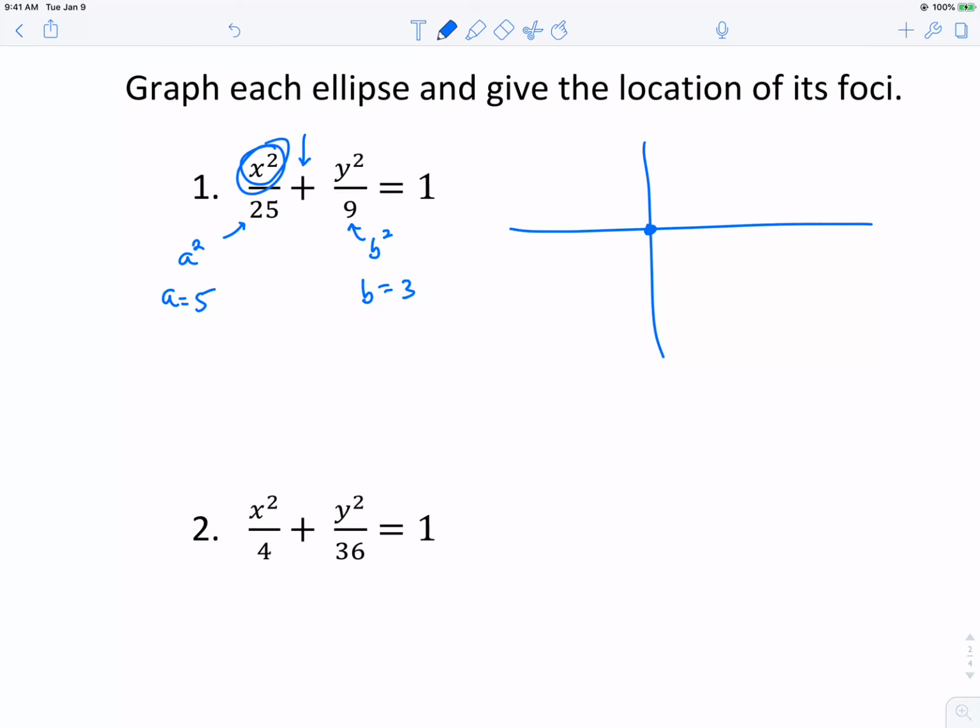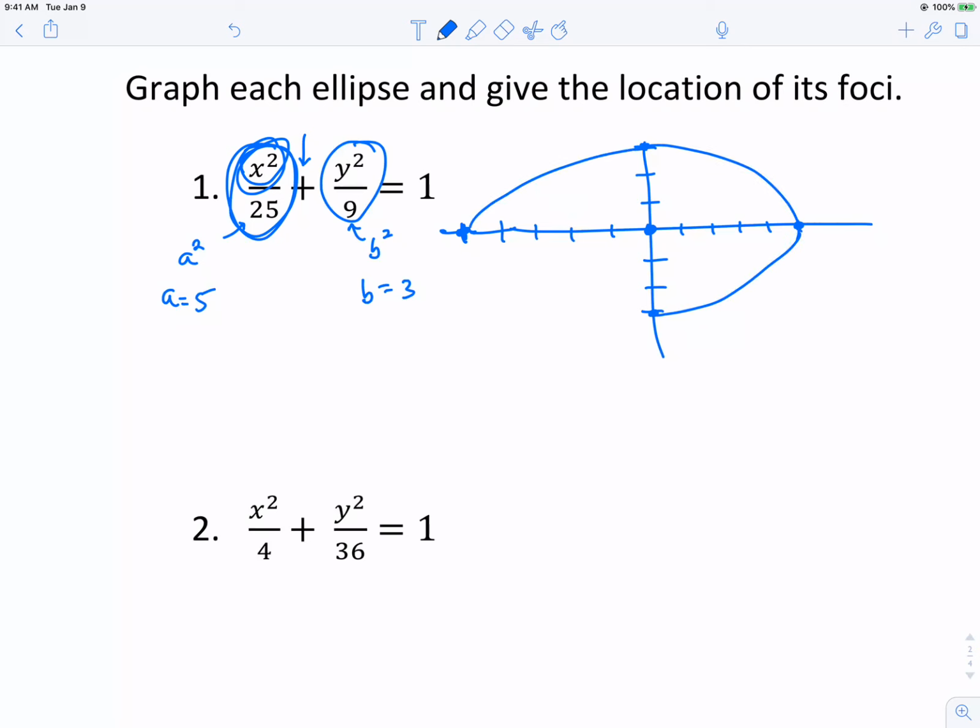The one underneath the x squared is bigger, so the major axis goes 5 in both directions. Why am I going in the x direction? Because it was in the x term, the bigger one. So those points are on the ellipse. And then b is 3, so I go in the y direction because that was grouped with the y. And there we go. I can graph my ellipse.